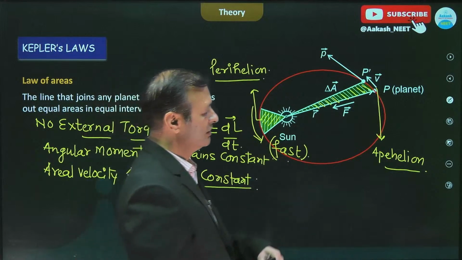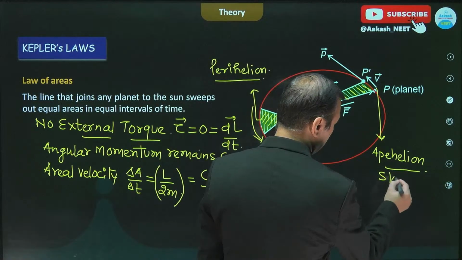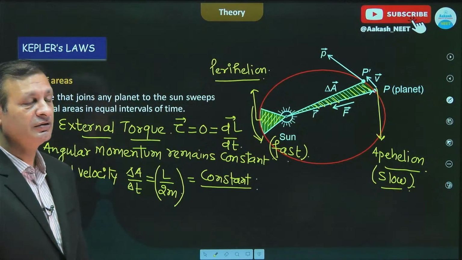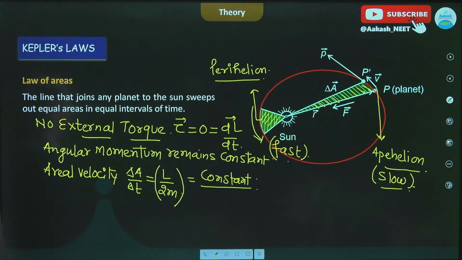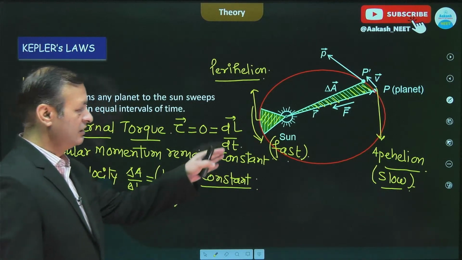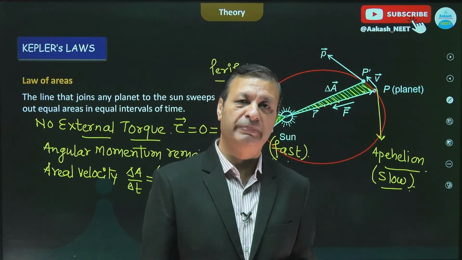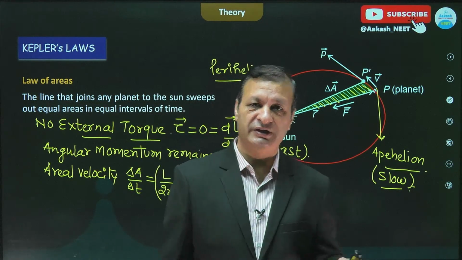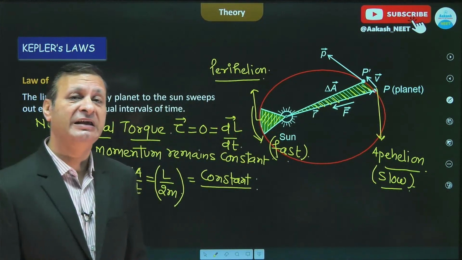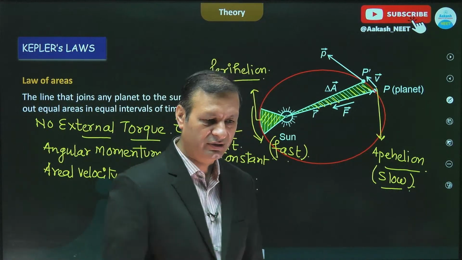So here the planet would be comparatively slower as compared to your perihelion position. Any doubt from this part? So yes, when your planet is nearby to sun, at its perihelion position, the speed would definitely be more as compared to its aphelion position. Sure? Understood?